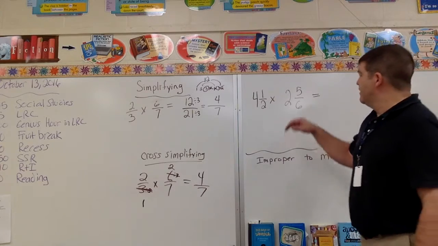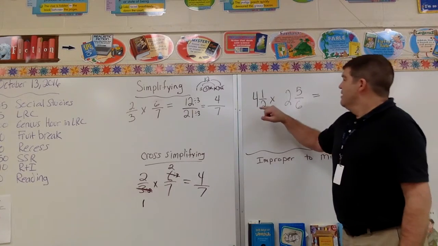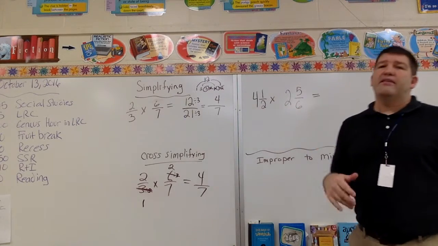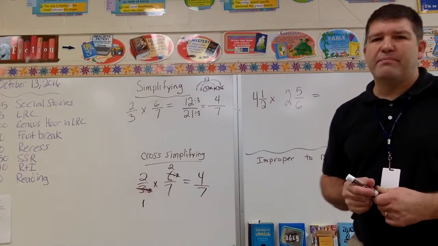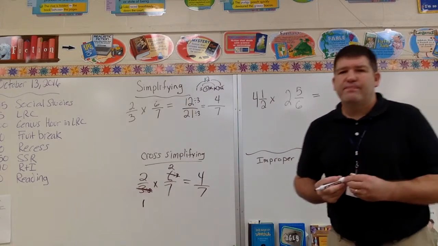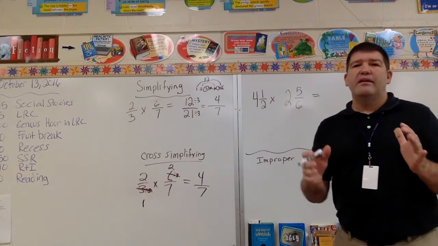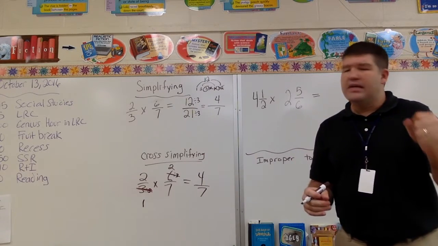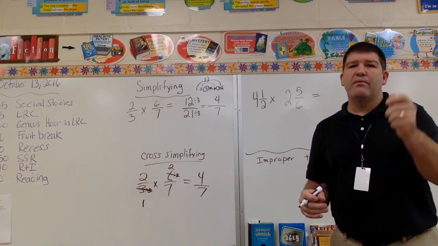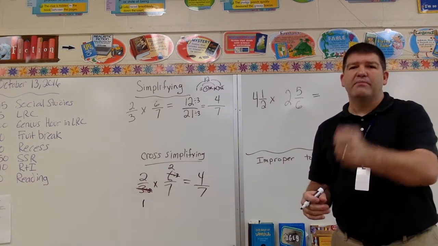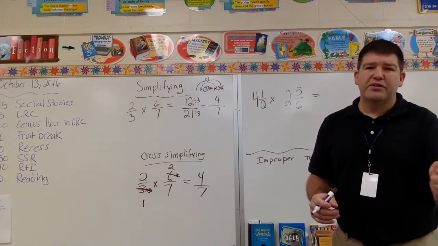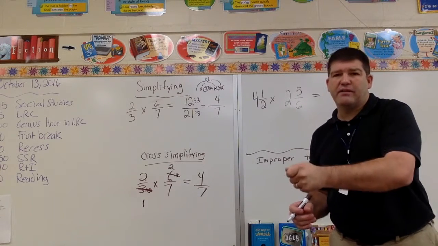When you're multiplying fractions, a mixed times a mixed, you can't multiply mixed numbers. If I'm doing either multiplying or dividing of fractions, I want to get it not into a whole number, not into a mixed number. I want a fraction times a fraction, or a fraction divided by a fraction.